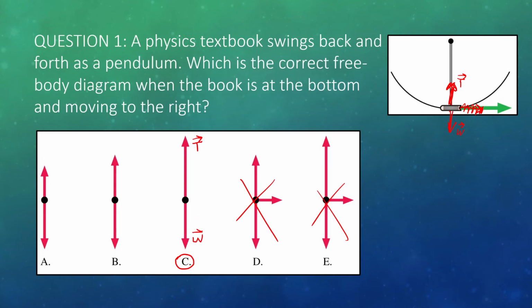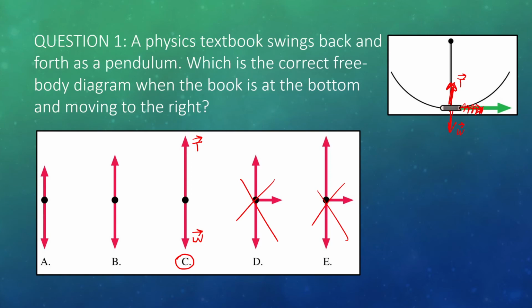The reason is because that's the force pointing toward the center of the circle. And remember, we always have a net force in circular motion that points toward the center of the circle. So whatever force is the one pointing toward the center has to be the larger force by definition. So we will definitely see C being the correct answer. Tension's bigger than the weight because tension's pointing toward the center.